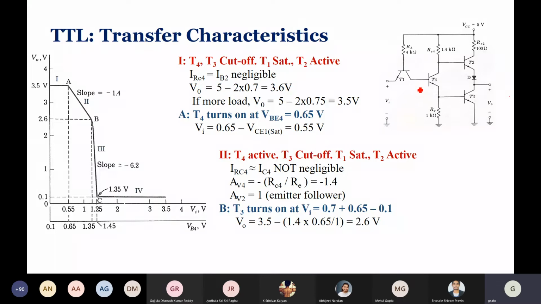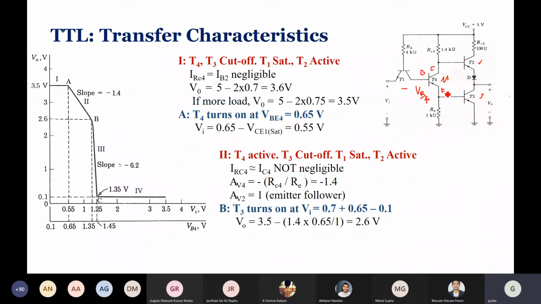Okay, so the VB4 is this voltage. This is your VB4. So please note, we are following the same nomenclature. So this is your T1. This is not T2, this is T4. Okay, so this is your T2, T3, and this is T4. So when we mention VB4, we are talking about this is base, this is collector, and this is emitter for every transistor.